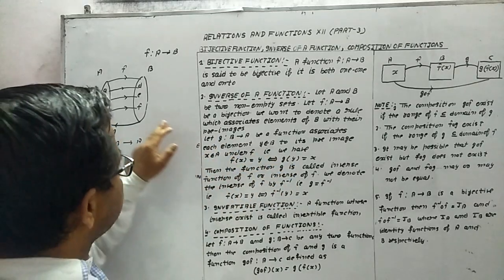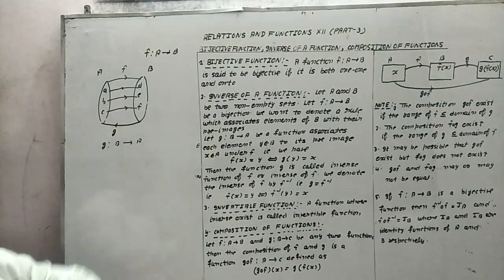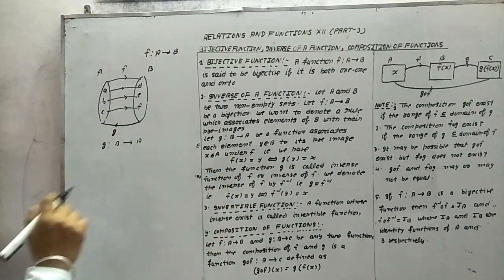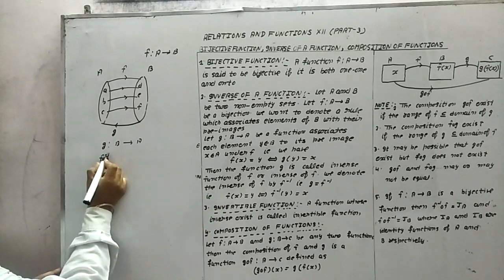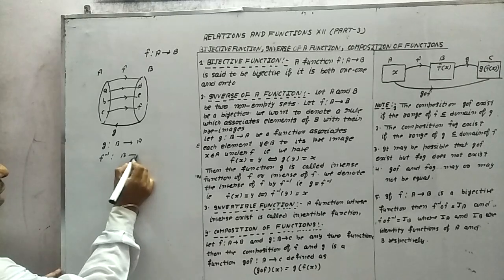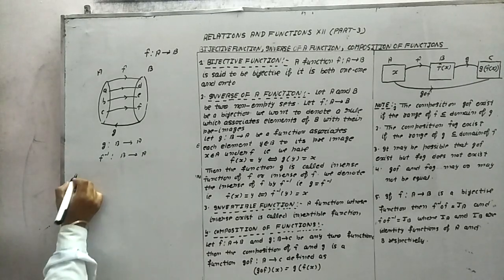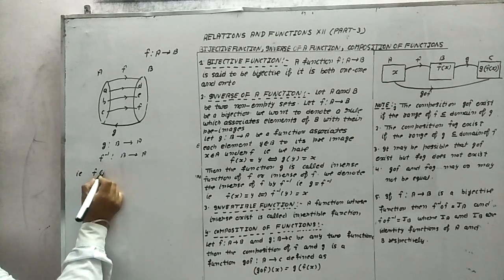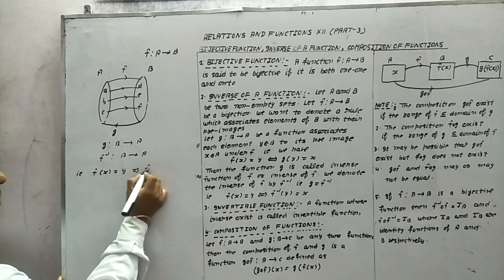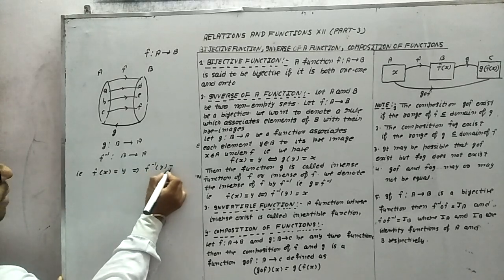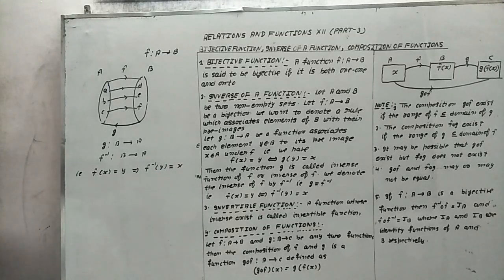It implies that g(y) = x. And in normal case, we will denote this g as f inverse. It means if y = f(x), or f(x) = y, it implies that f inverse of y = x.